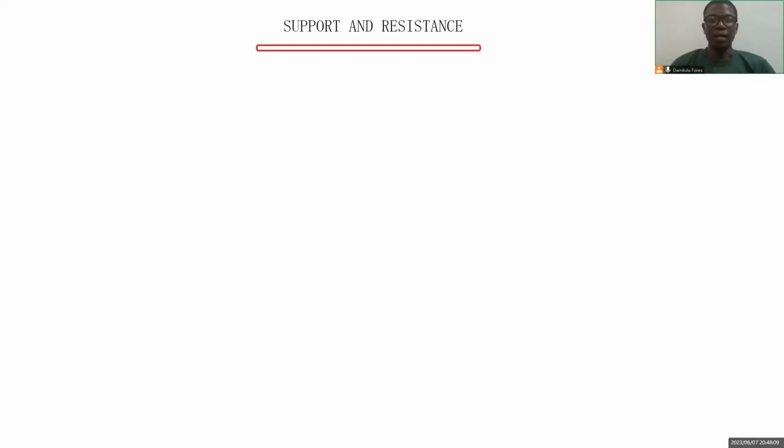We'll start by talking about what support and resistances are. It's important to note that support and resistances are sensitive areas on the chart where prices get to and make reactions or rejections.